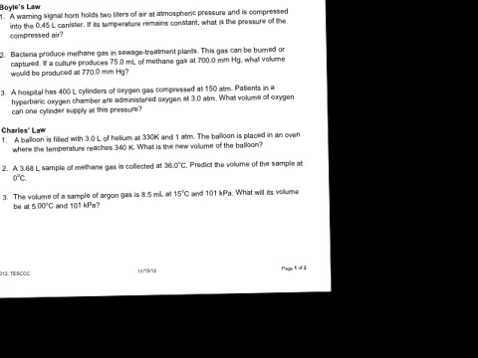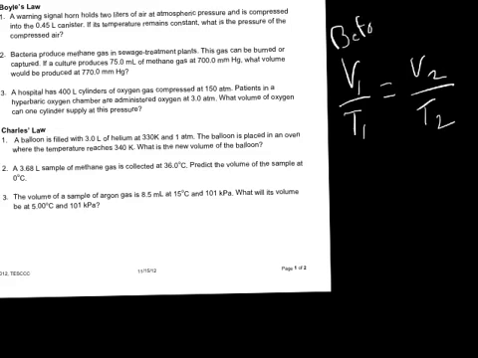We express it in the equation volume 1 divided by temperature 1 is equal to volume 2 divided by temperature 2. So we have to identify our volume before and temperature before, and then our volume after and our temperature after.